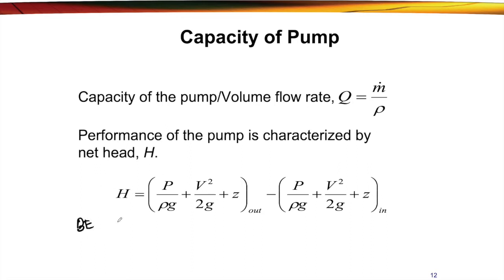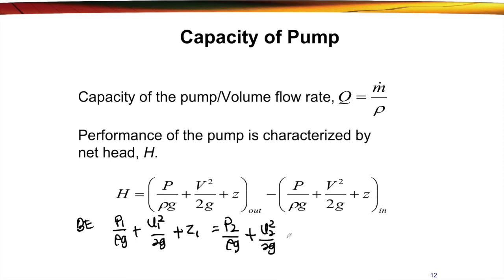We know that Bernoulli's equation is P1 over rho g plus U1 squared over 2g plus Z1 equals P2 over rho g plus U2 squared over 2g plus Z2. This is the general Bernoulli's equation, where we have some assumptions to be made in order to use this equation. But after that, in chapter 8, Bernoulli's equation has another term.